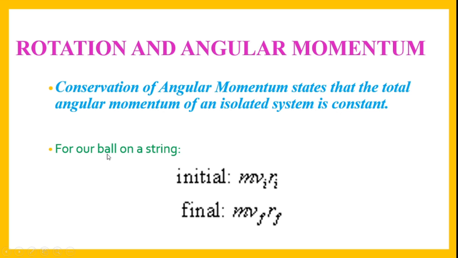Let us say initially our ball on the string has an angular momentum of m v_i r_i, that is initial velocity and initial radius, position vector. Finally it has reached m v_f r_f in the second case, final velocity, final radius.